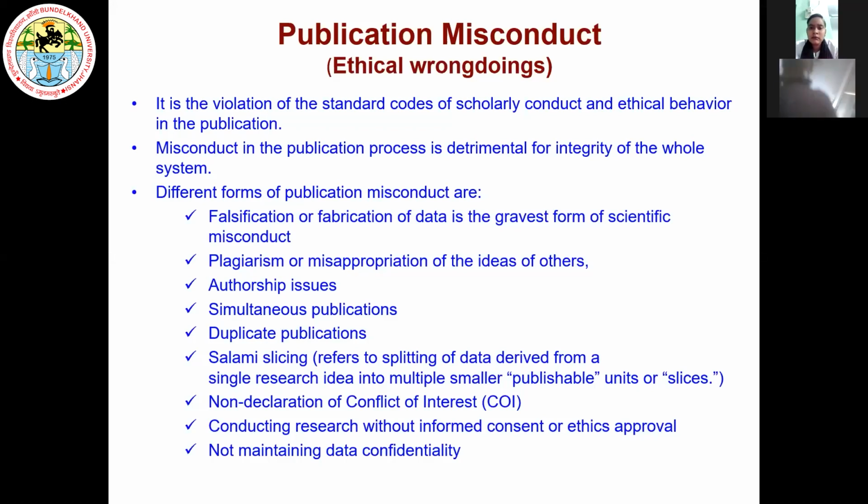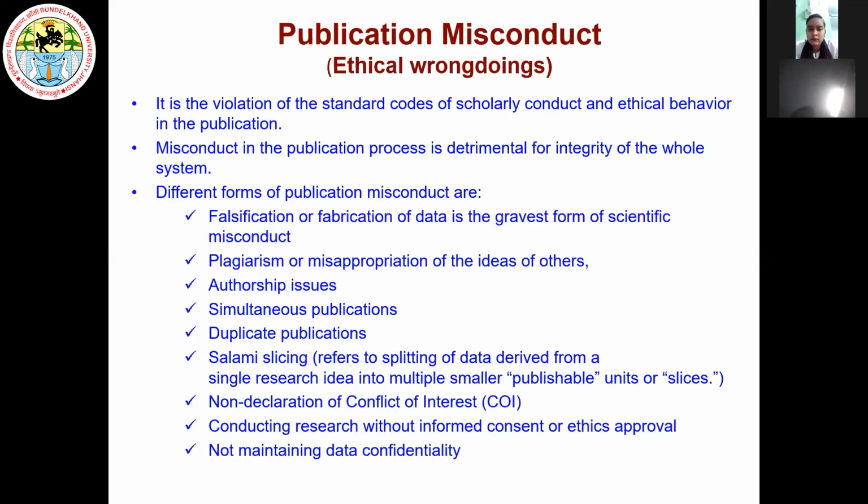Okay. And in general, different forms of publication misconduct are, for example, falsification or fabrication of data, then plagiarism, then authorship issues, simultaneous publication, then duplicate publication, and salami slicing or salami publication, as we also call it. This refers to splitting of data derived from a single research into multiple smaller publishable units, or what we call slices.